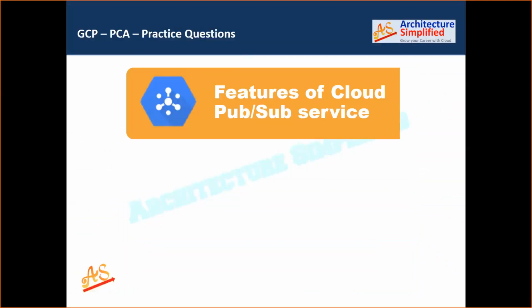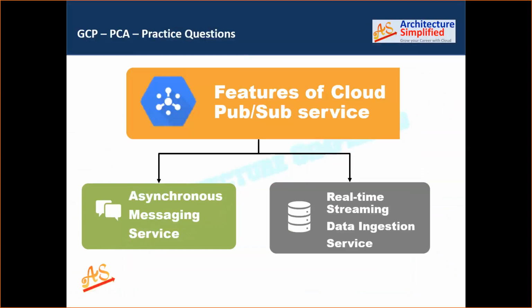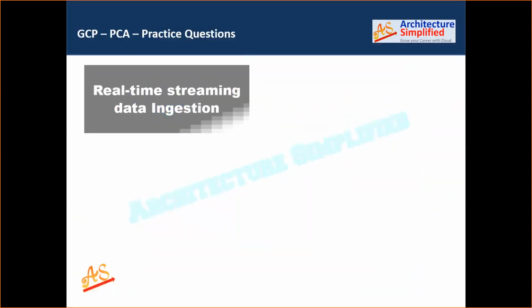There are different features of the Cloud Pub/Sub service. Based on its features, we can broadly categorize it under two categories. The first one is an asynchronous messaging service and the other is a real-time streaming data ingestion service. Real-time streaming data ingestion is one of the requirements mentioned in the question.